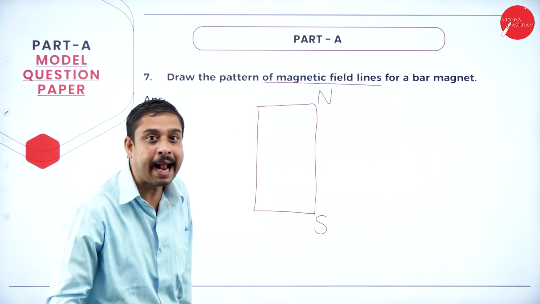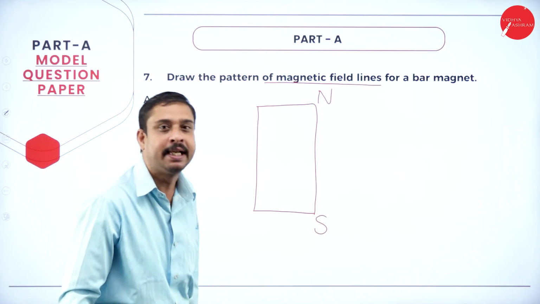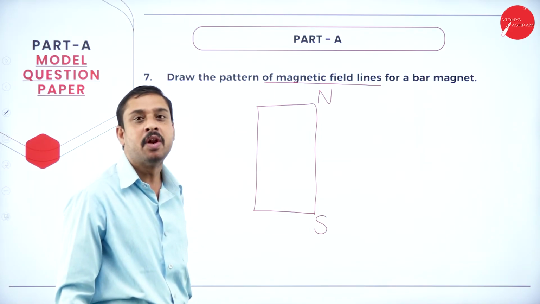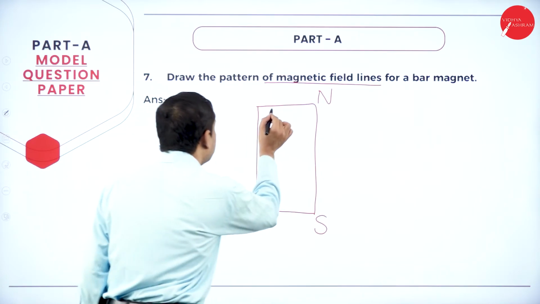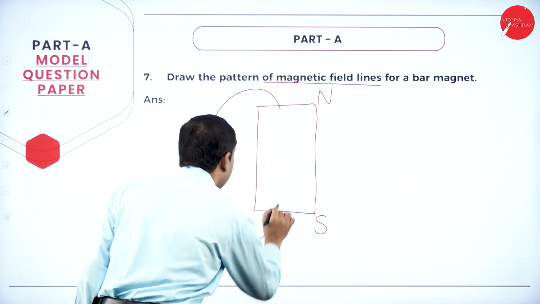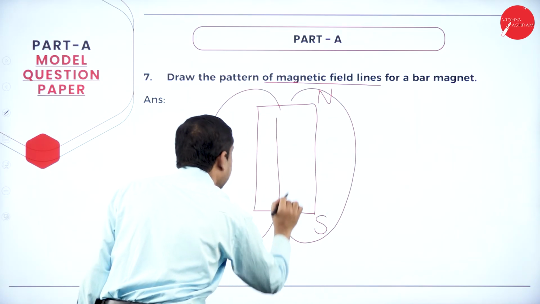You have studied that a magnet has two poles, one is the north pole and the other one is the south pole. So if you draw the pattern, it is somewhere like this.